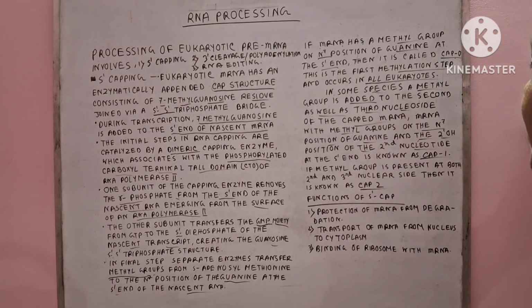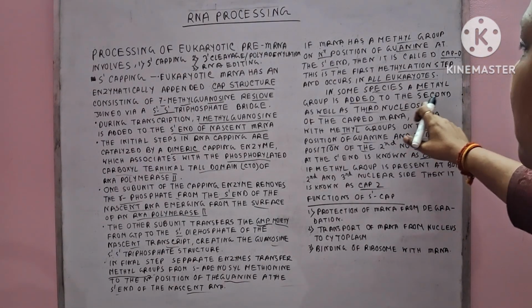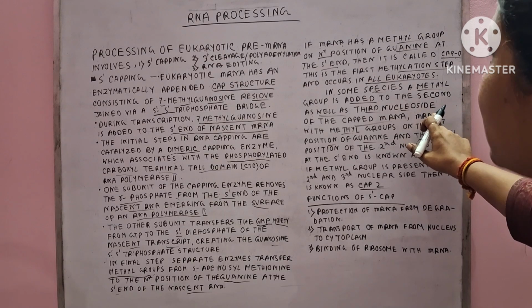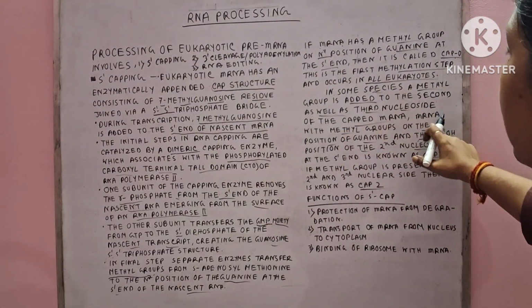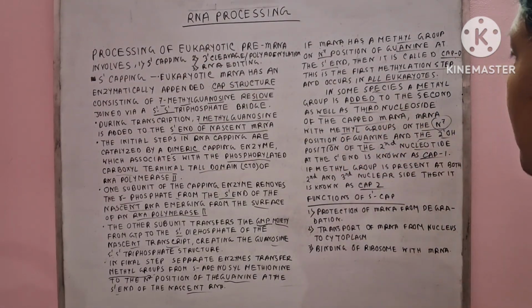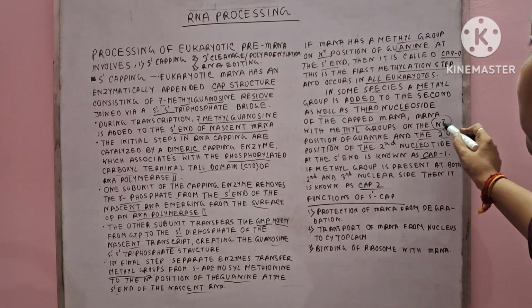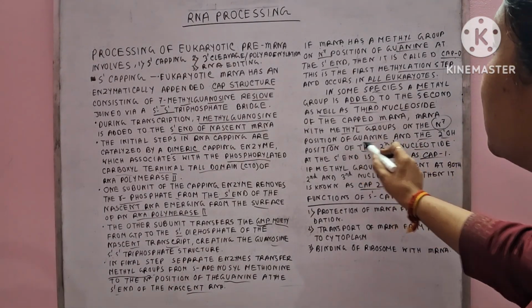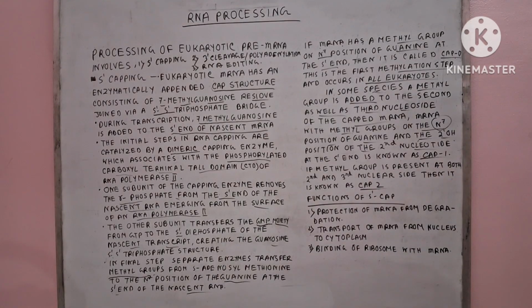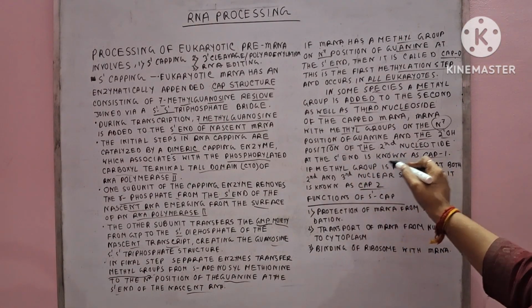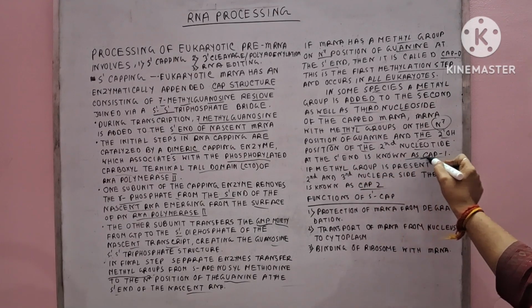Okay, so the mRNA has the methyl group in the N7 position of guanine and the 2' hydroxyl position of the second nucleotide. Clear? So at the 5' end it is known as the cap 1.